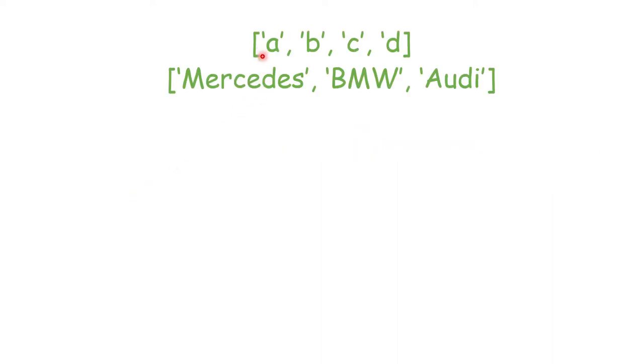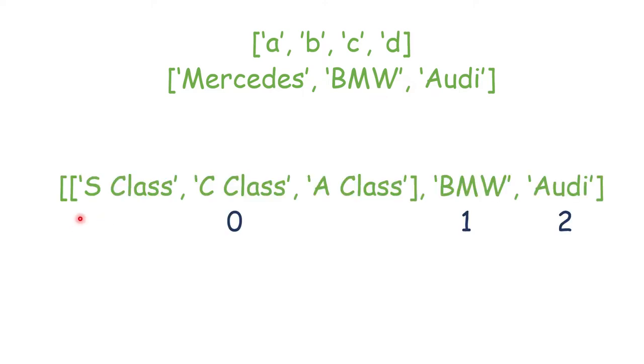Here we have a list A, B, C, D, and another list Mercedes, BMW, Audi. As you can see, at index 0 we have a list which is inside this whole list. So we can have a list inside another list.